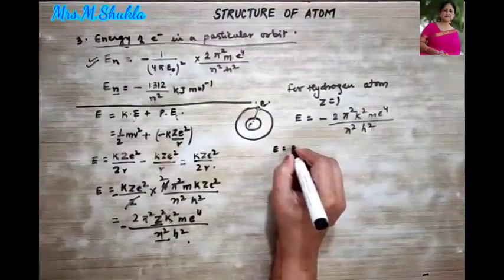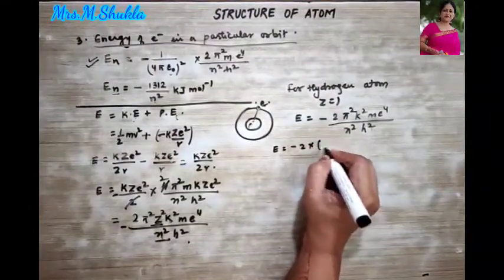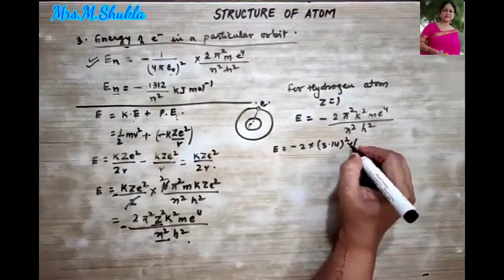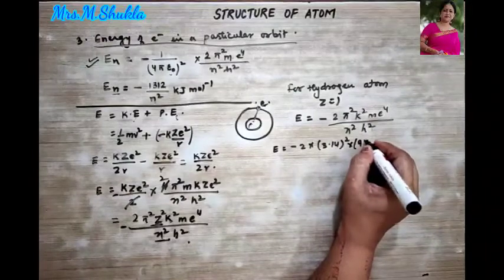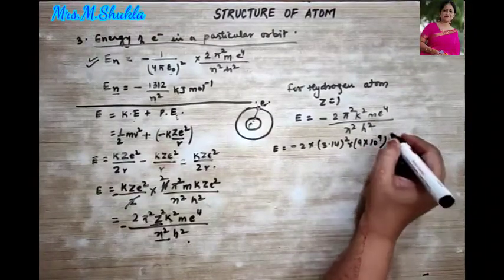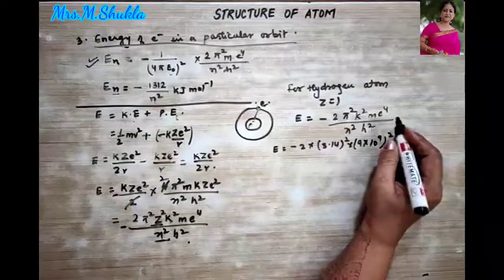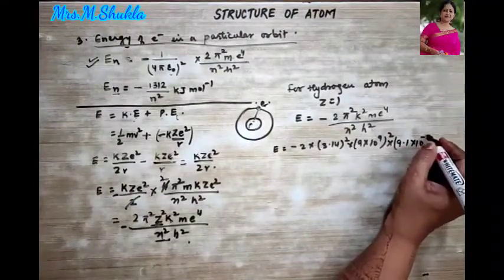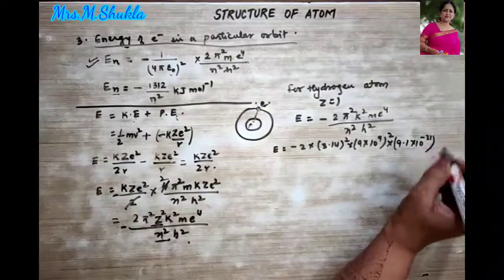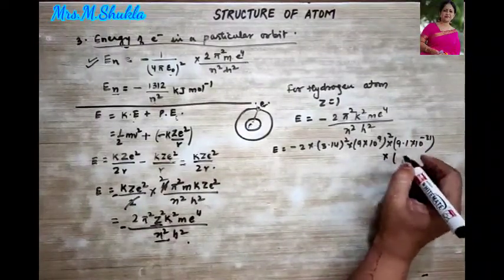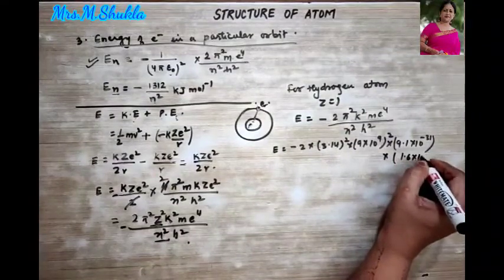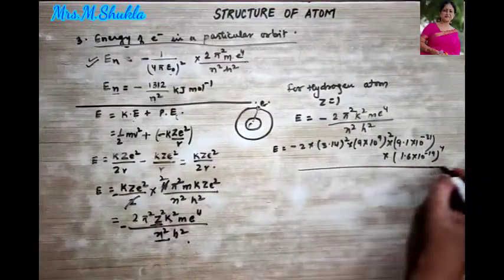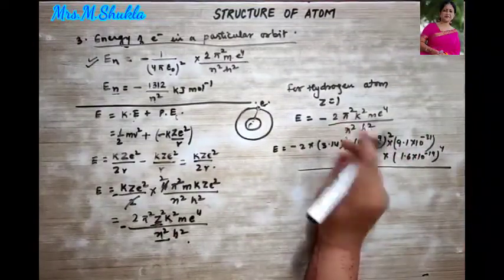So E is equal to minus 2 into 3.14 whole square into what is the value of k? 9 into 10 to the power 9 whole square into what is the mass? 9.1 into 10 to the power minus 31 into what is e? 1.6 into 10 to the power minus 19, whole to the power 4, upon n square.